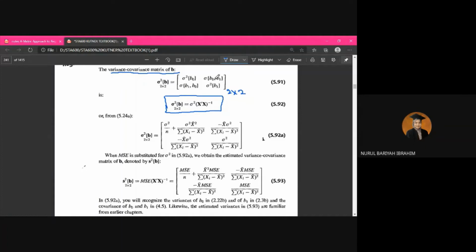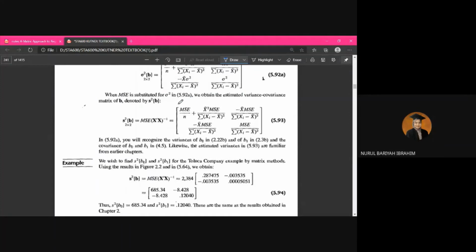But now our variables are the parameters, beta naught and beta 1. So there is a formula to find the variance covariance matrix. This is a notation, but to estimate that, we will use this formula.